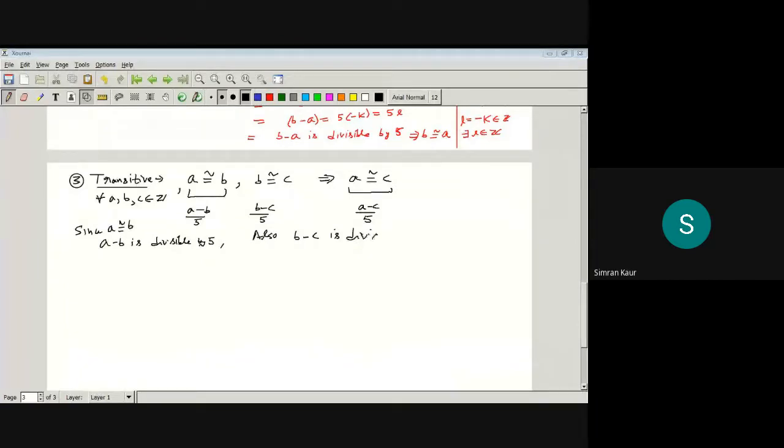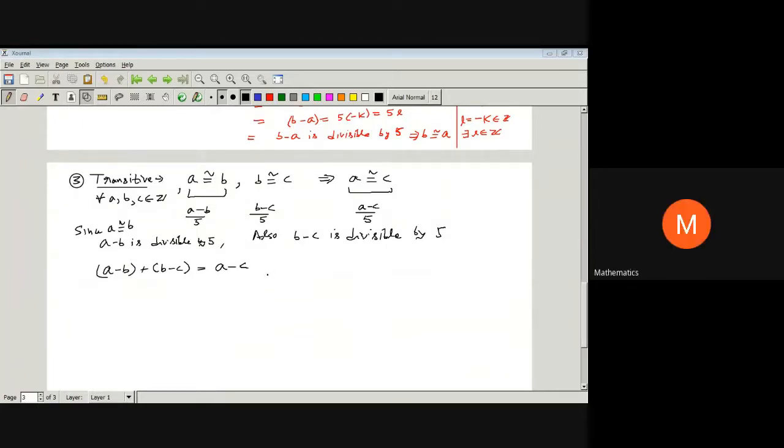Okay. If we add A minus B and B minus C, then this proves that A minus C is also divisible by 5. Simran, you have missed some steps.